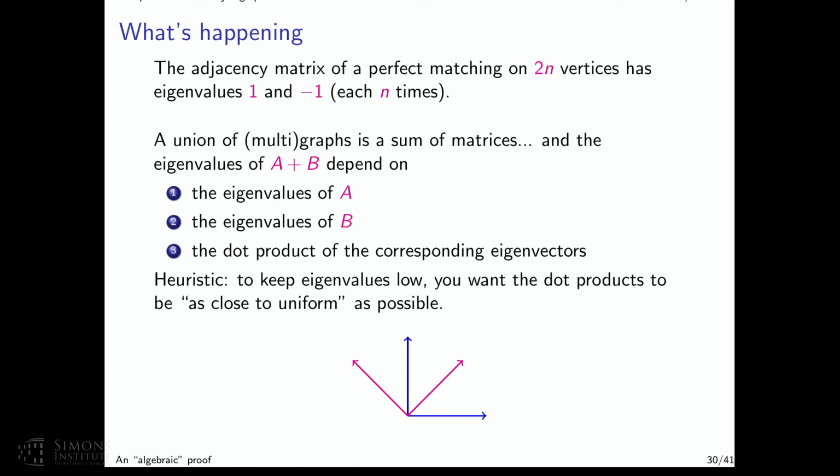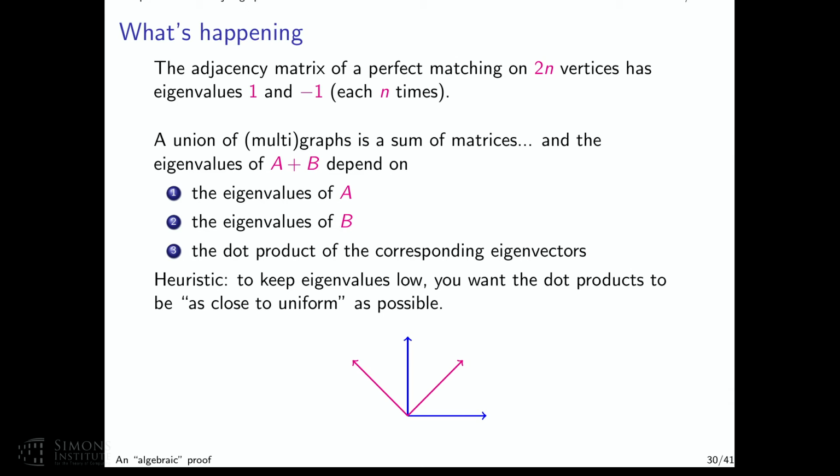And when you union these graphs, multigraphs, what you're doing is you're summing the adjacency matrices. So the question is, can I find some permutation of this original matrix B such that the eigenvalues of A plus B are small? Now the issue is that the eigenvalues of A plus B depend on the eigenvalues of A, the eigenvalues of B, and then the dot product of the corresponding eigenvectors, right?